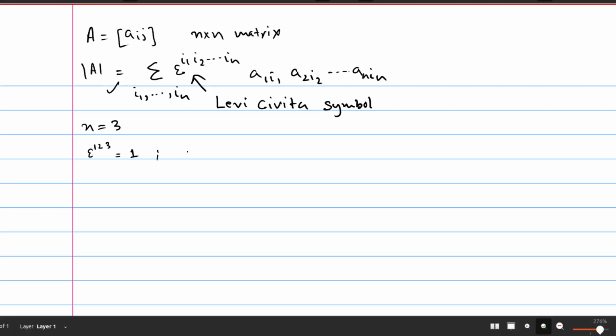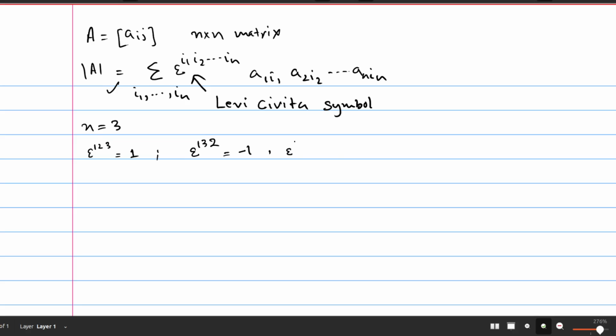So we will have epsilon 1 3 2, which is obtained from 1 2 3 by interchanging 2 and 3. So it will be equal to minus 1, because it involves only one single interchange.